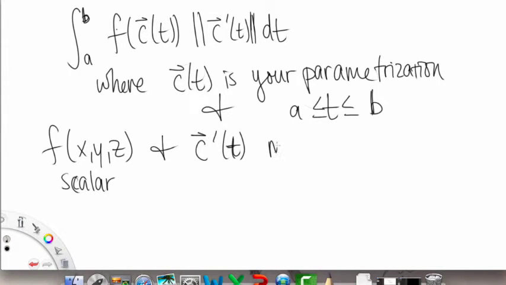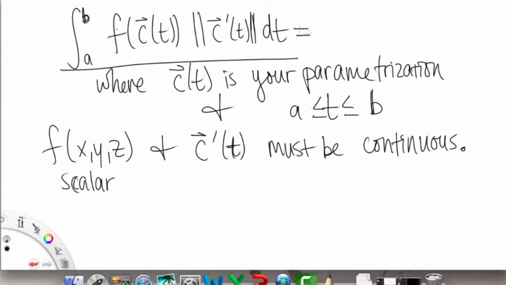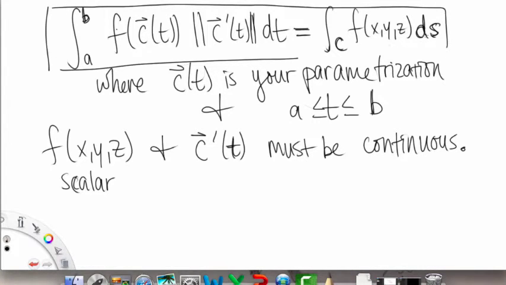So these must be continuous. And the final thing here is your scalar line integral. Another way to put that is the integral over c, your curve, of f of x, y, z, your scalar function, and they just denote it ds for some reason. But this is the ultimate equation that we were trying to get to.